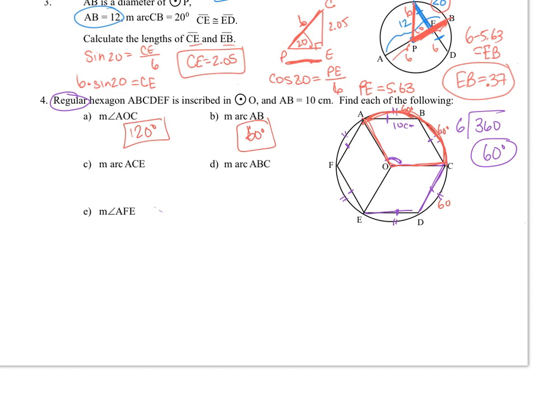The measure of arc ACE, from A to C to E, is just 4 of these 60s, so that's going to be 240 degrees. The measure of arc ABC, from A to B to C, is going to be 120 degrees.